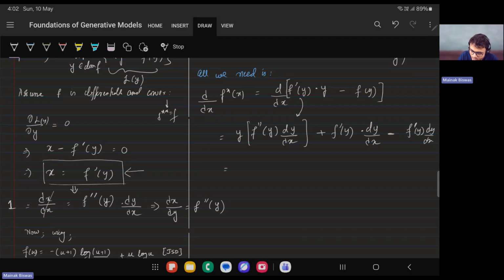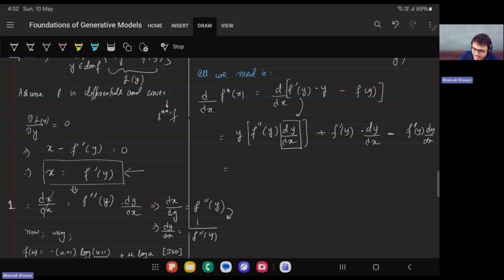As soon as I have this, what can I write? So now I can write a few things. So this is dy/dx, right? So dy/dx we can write as 1 by f double dash y, isn't it? So clearly from this equation, I can write this inverse.